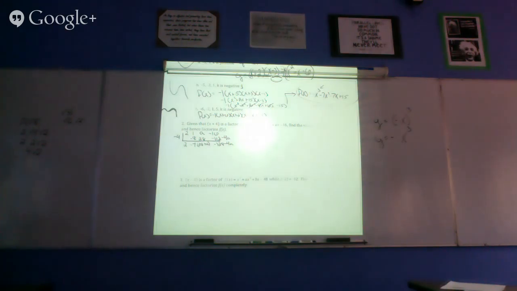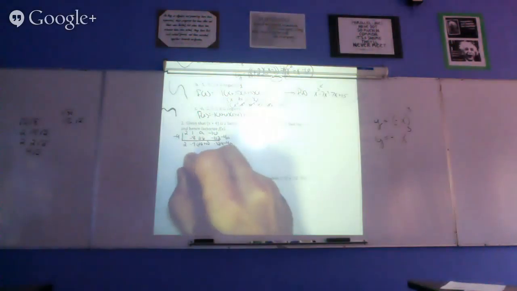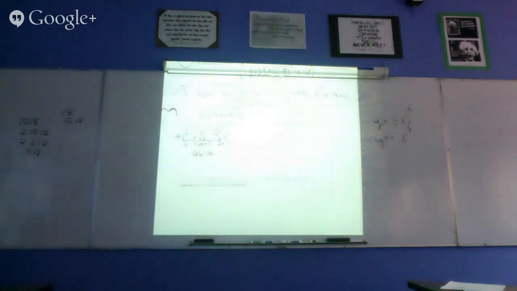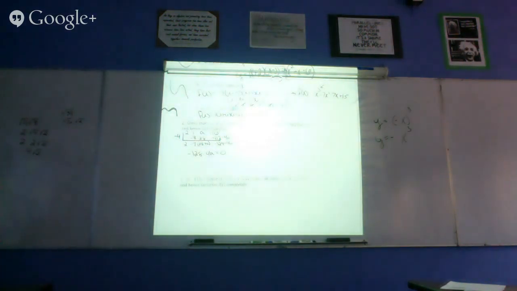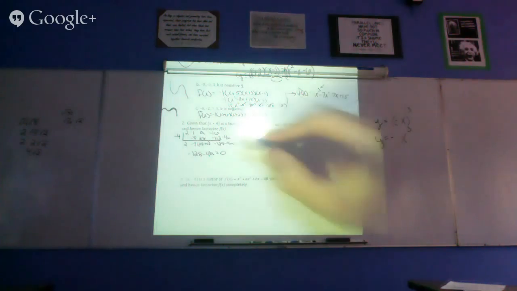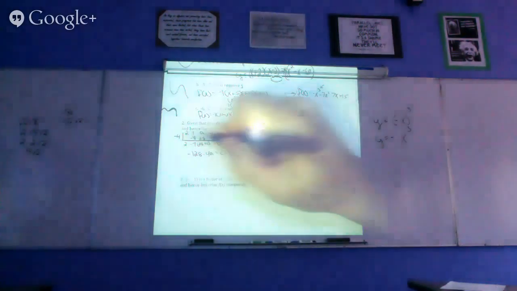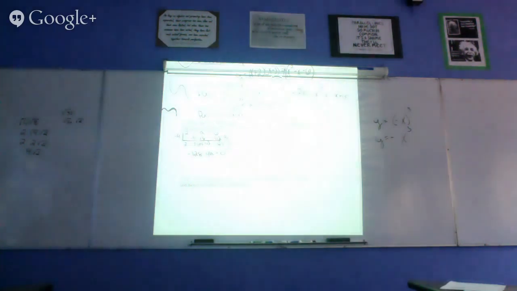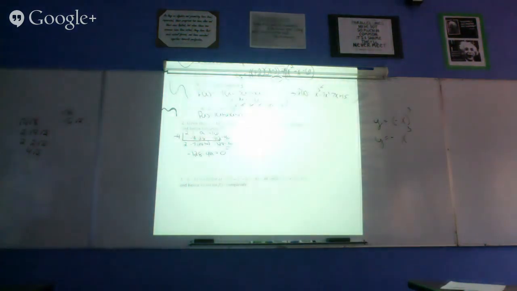Where is my 0? -128 minus 4a should come out to be a 0 if x plus 4 is a factor. Because we know that this is a factor, the very last term of my synthetic substitution is going to result in a 0.